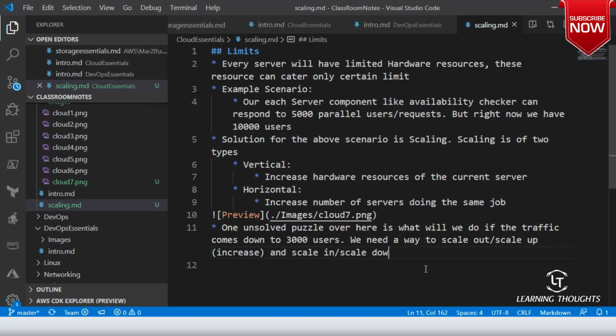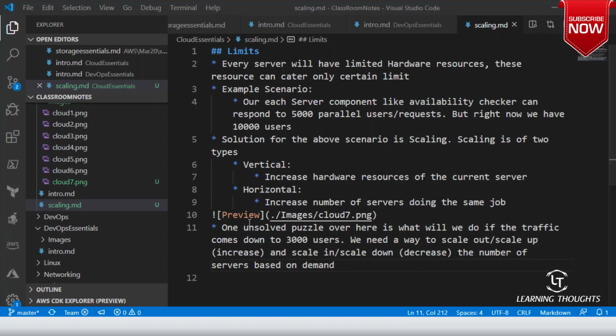These are the terms which you will see a lot of times. Decrease the number of servers based on demand. Am I clear on this?